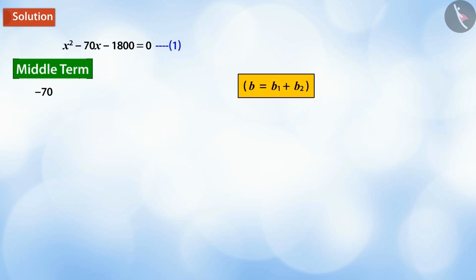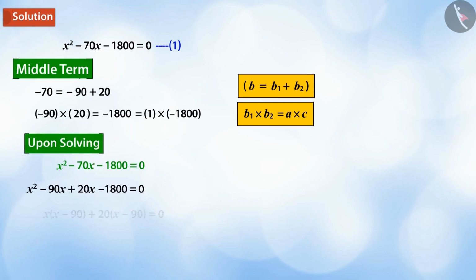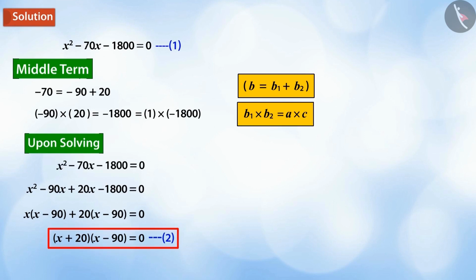Let's break the middle term of the equation, minus 70, into two parts as minus 90 and plus 20. Therefore, on solving the quadratic equation x squared minus 90x plus 20x minus 1800 equals 0, we can write the equation as a product of its factors: x plus 20 times x minus 90.